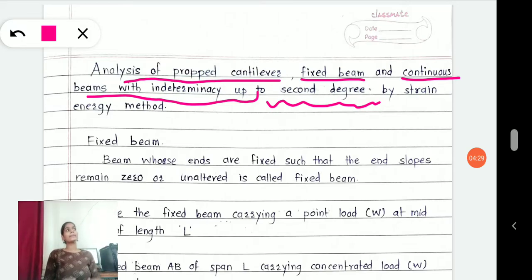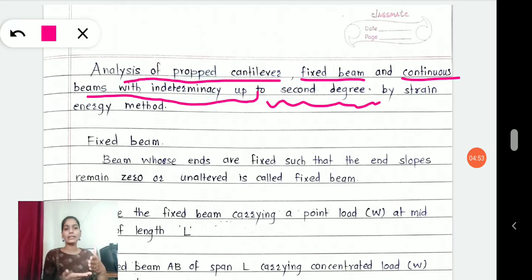Now see, whenever you are dealing with compatibility equations, or solving indeterminate structures, you have to understand that there are various methods to approach one problem. If certain problems come across, any engineer has a tendency to solve it in multiple ways.